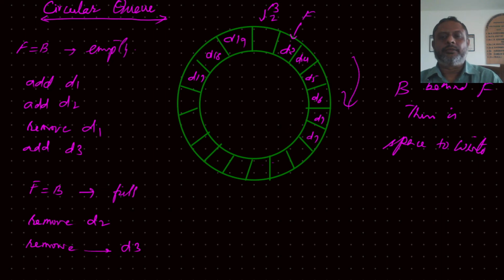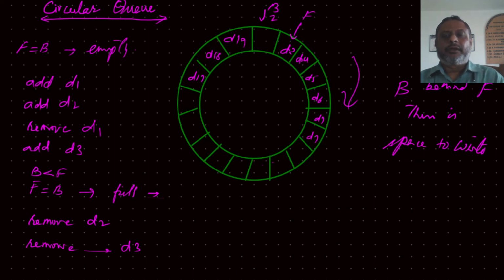And as you keep adding new and new data, it may come to a point where all the places are full. That time B earlier was showing the previous location, but after adding it becomes equal. So that talks about the queue being full. Before, B was less than F, and then B becomes equal to F, then it is full.